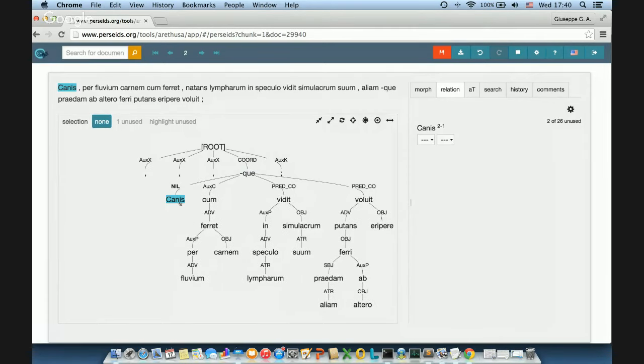What does this mean? Of course, it's not that canis is the subject of the coordination, right? But this kind of technical annotation means that we take canis to be the subject for vidit and also voluit. It relates to both verbs. As I was saying, I could say a lot about this kind of annotation because there may be different ways to analyze, describe, and also interpret this phenomenon.